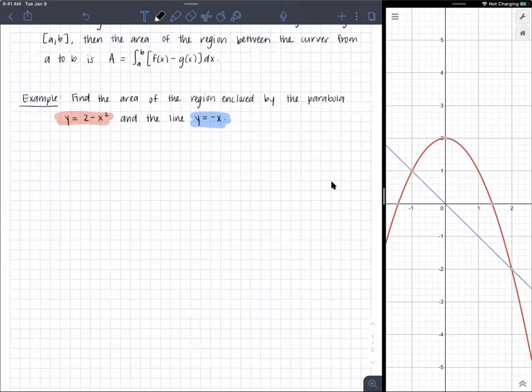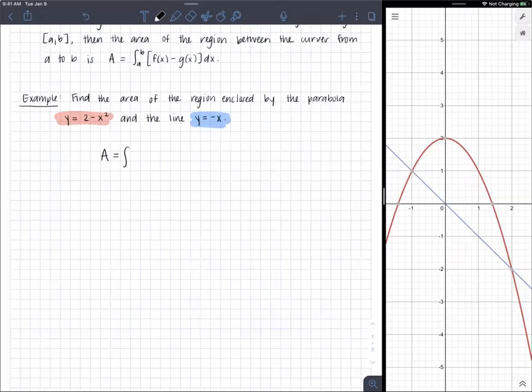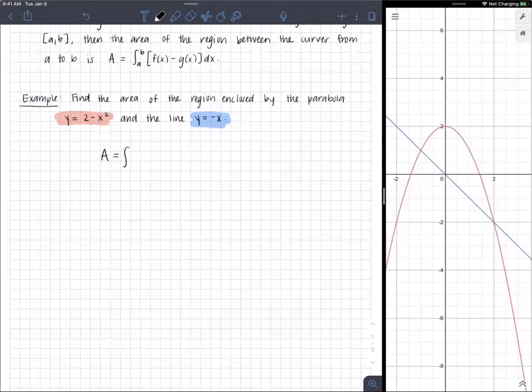And so when I find the area, what are my limits of integration going to be? Where does this region start? Can you guys tell? Is this picture big enough? So here, if I zoom out, yeah, -1 to 2, right?